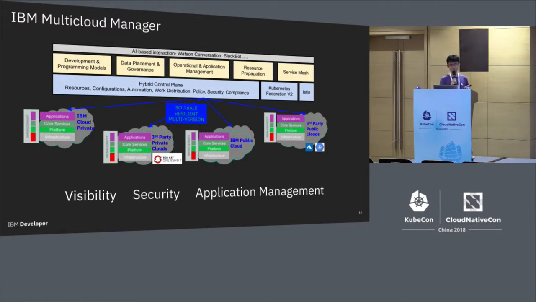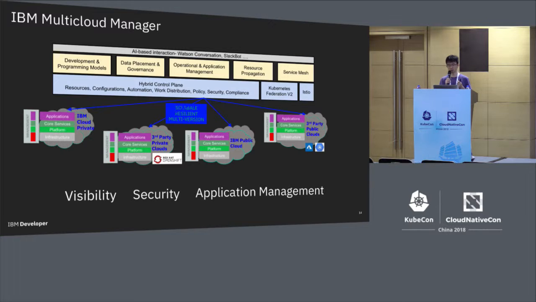And as for IBM Multicloud Manager, this is a new product which was launched recently. As for the functions, there are three parts. First is visibility. That means for different platforms, we can make sure that the cloud system can be visible.